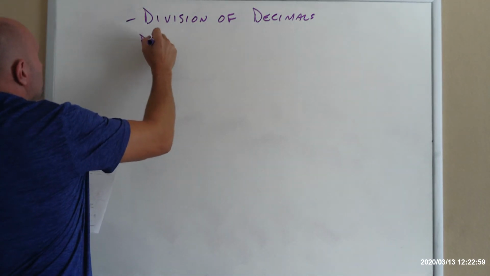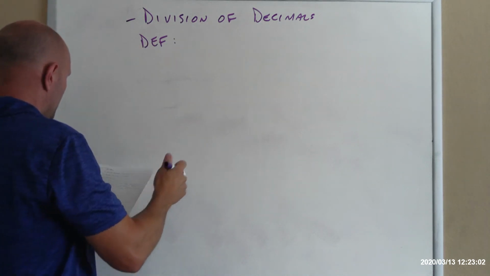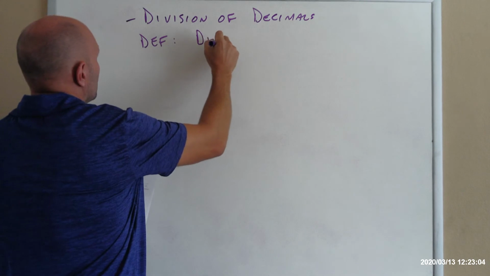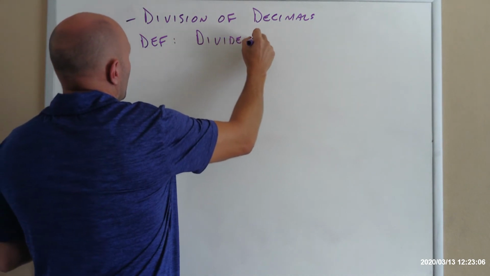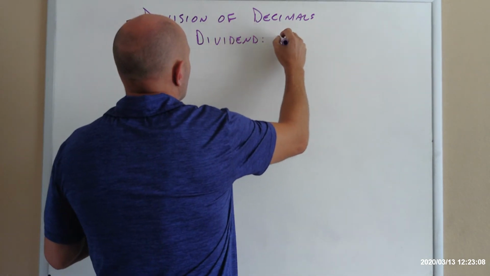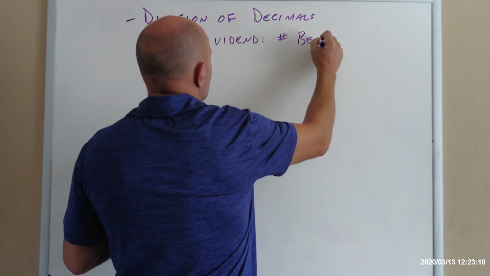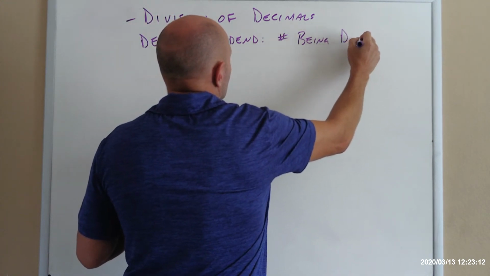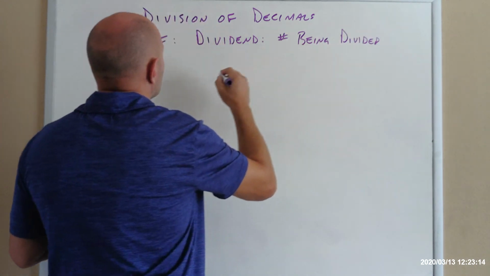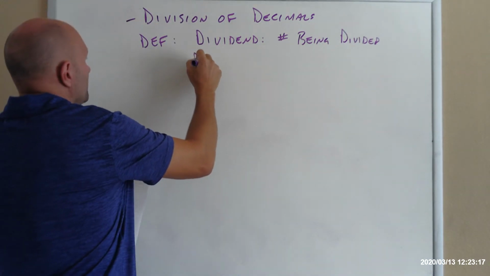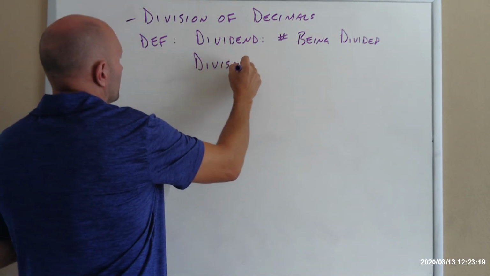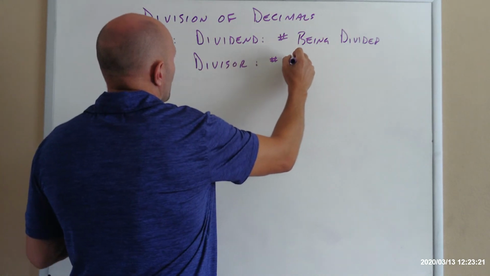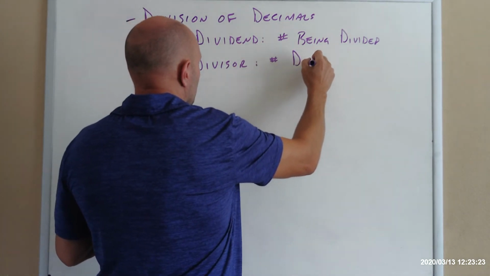A bunch of definitions first, so we know what we're talking about. The dividend is the number being divided. The divisor is the number doing the division.